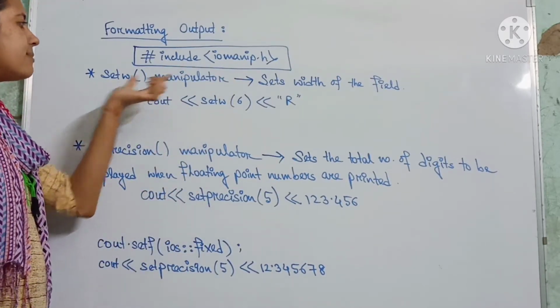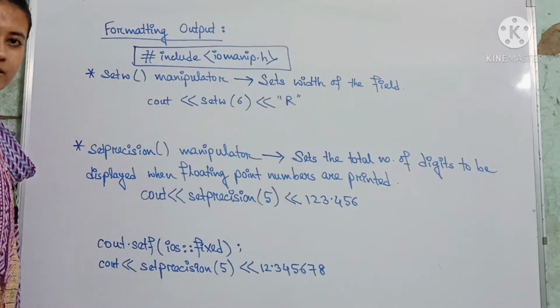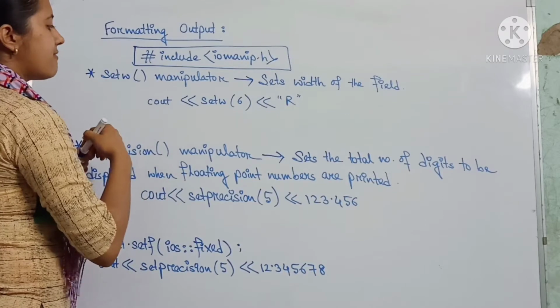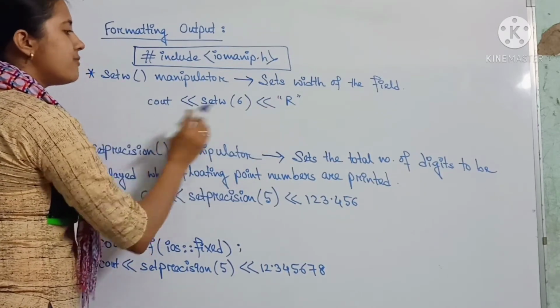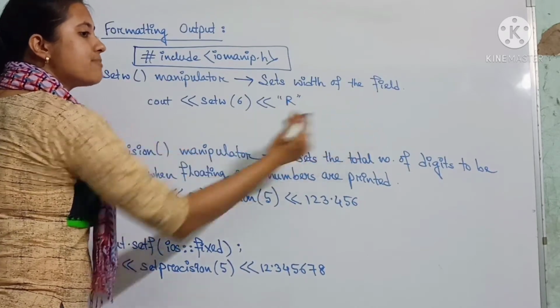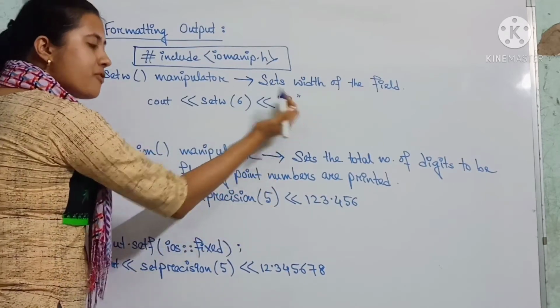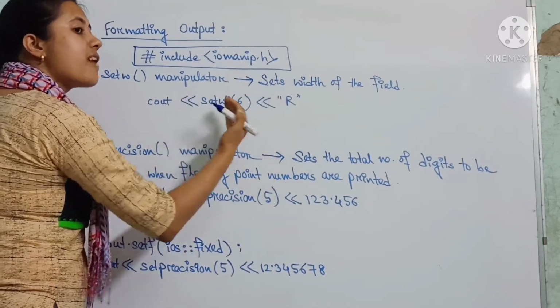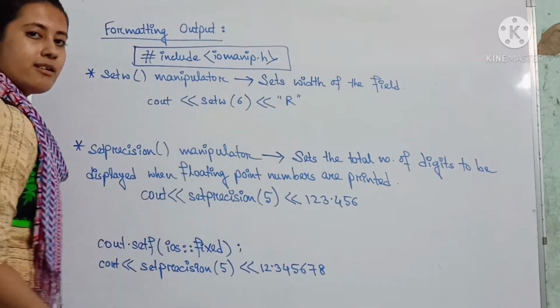The first one is the setw manipulator. It sets the width of the field. If you write cout setw(6) r, it will set the width of r to 6 places. But here r has only 1 place, so before r it will assign 5 more places to meet the required value.